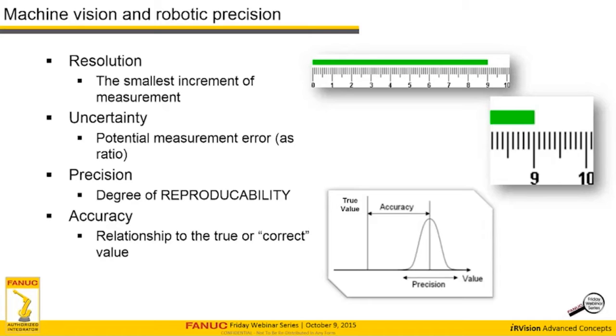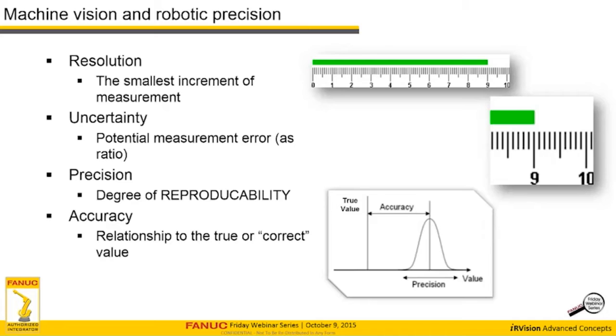If I can find the object in the machine vision in the iRVision process at the same position time after time after time, that indicates a precision or a high degree of reproducibility. Now, is it accurate, however?